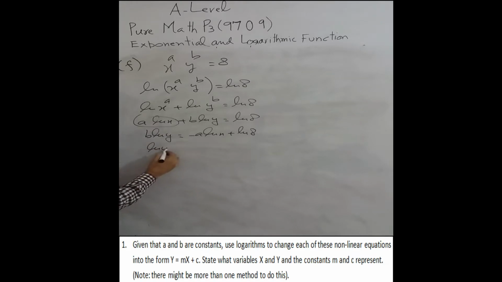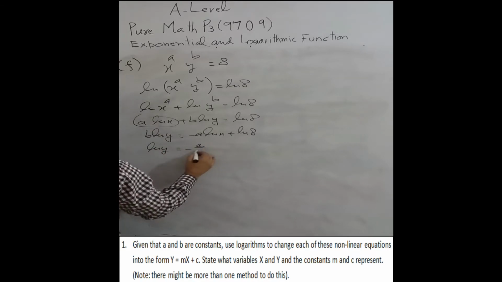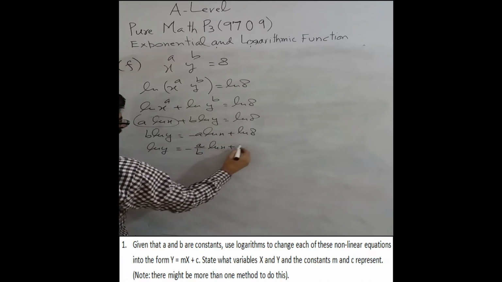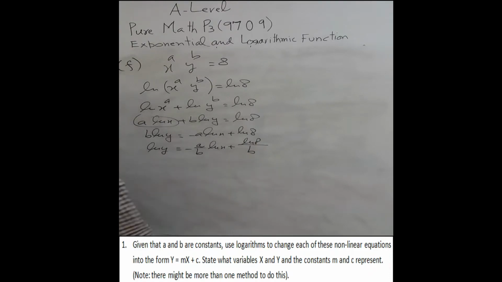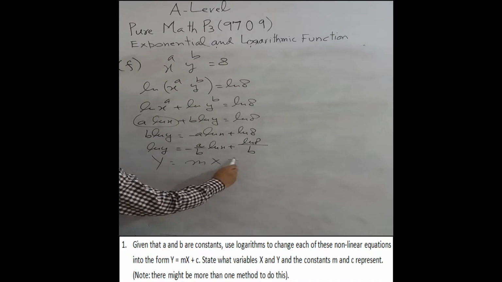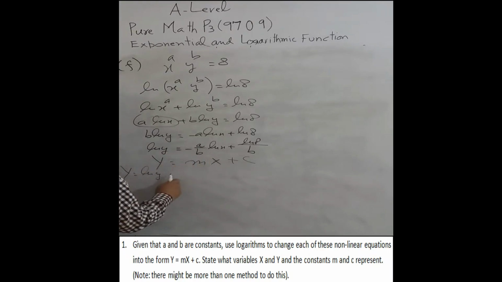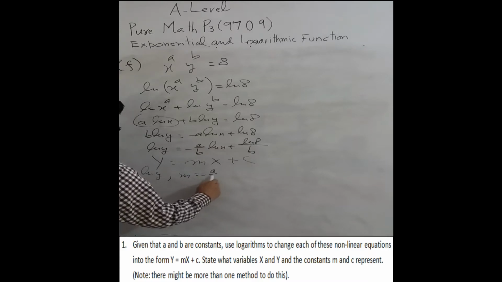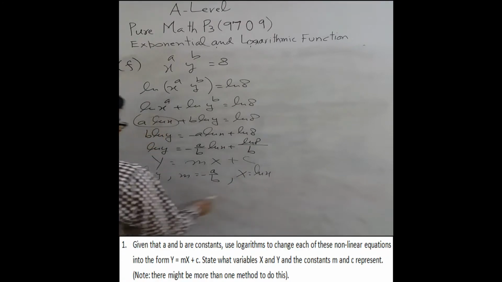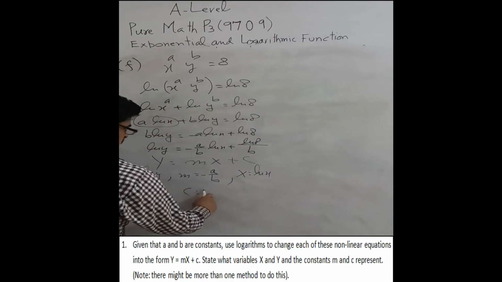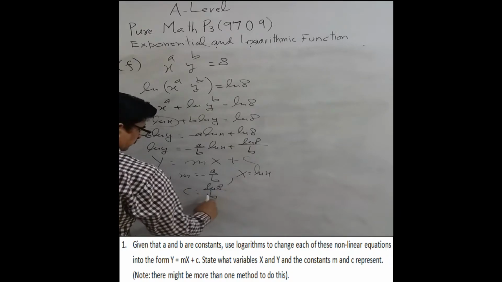We have ln y is equal to minus a over b ln x plus ln 8 over b. Now comparing it with this mx plus c, you see that y is replaced by ln y and gradient is minus a over b and the variable x is ln x and our y-intercept is ln 8 over b.